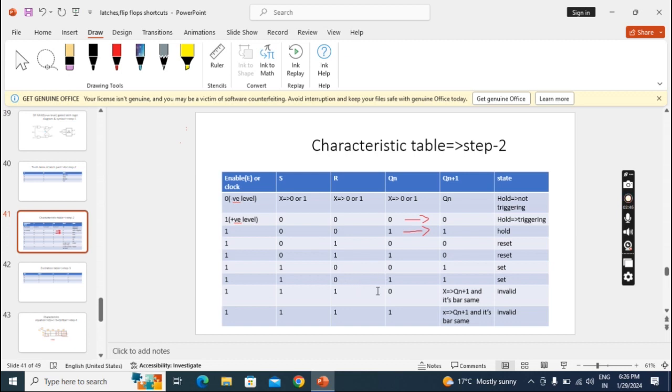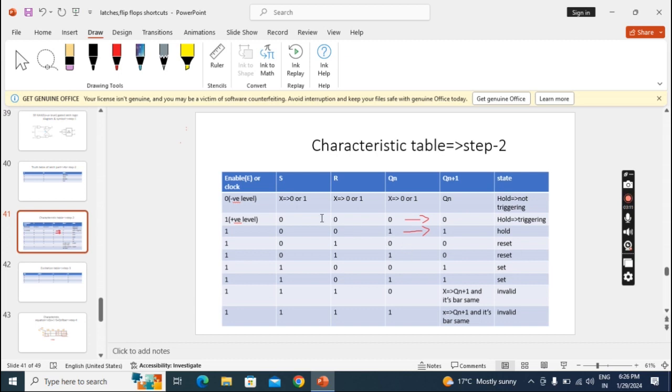And finally Qn can be 0 or 1 for inputs 1, 1. In any gated latch or flip-flop, we have to write like this only. Remember. Now we'll see the Qn+1 values and state names.